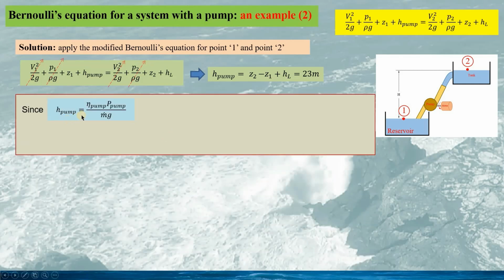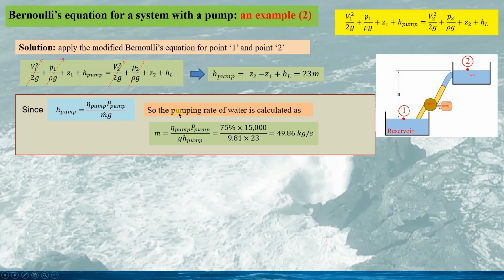Now, H pump can be calculated as given here, as we showed before in my previous talk. Here, P pump is the shaft power to the pump, eta pump is the efficiency of the pump, m dot is the mass rate, and g is the gravitational acceleration.